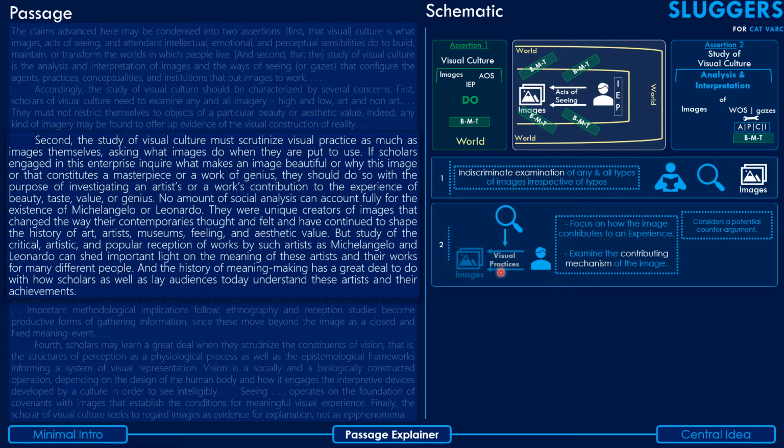Now, that idea that it's not just the image, but also the mechanism, also the visual practice, that contributes to the perception of beauty, basically demonstrates that there are two factors involved when it comes to the perception of beauty or a masterpiece. The first factor is the image itself, and the second factor is the mechanism which helps the user infer that it's a beautiful painting, right?